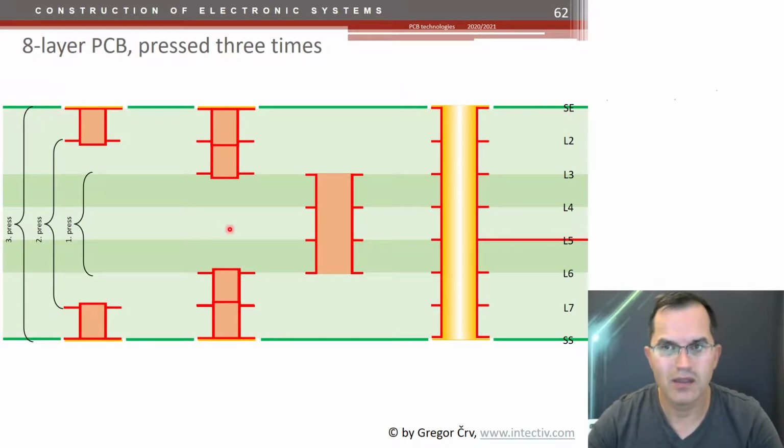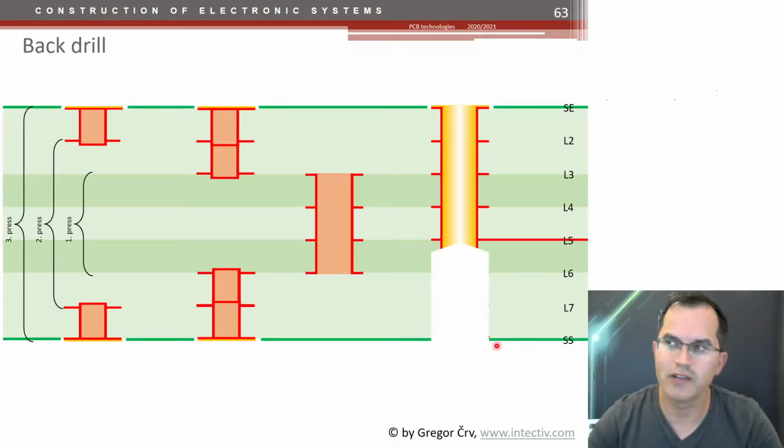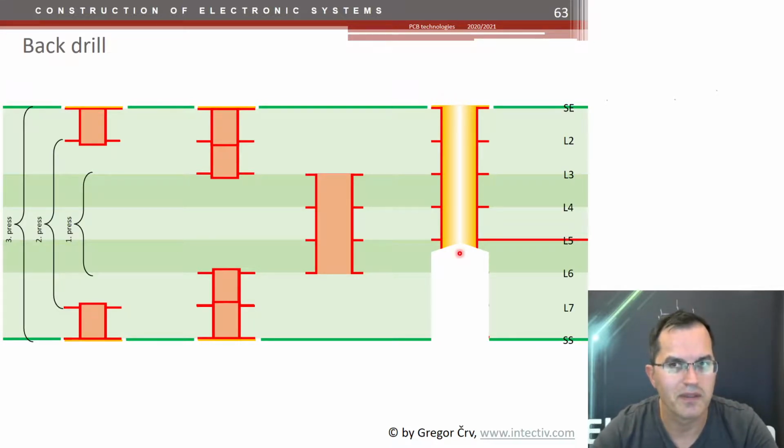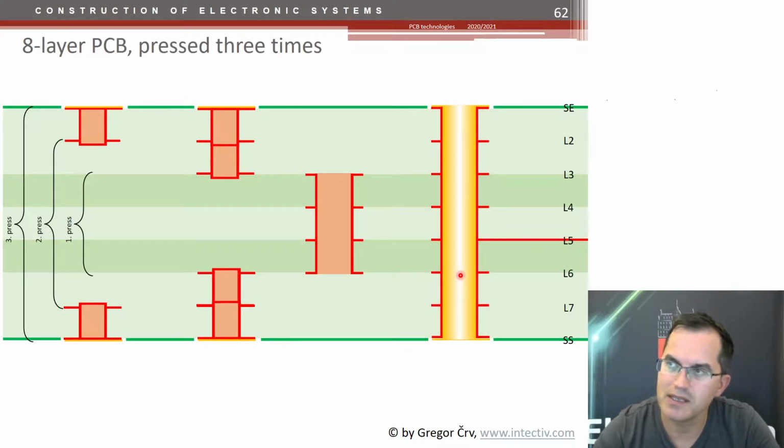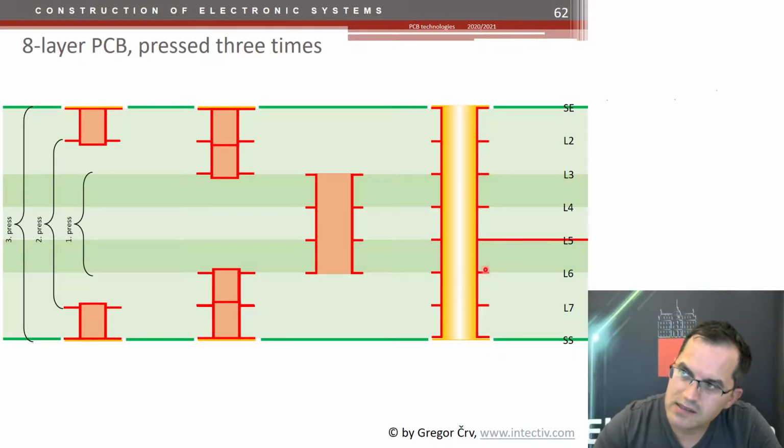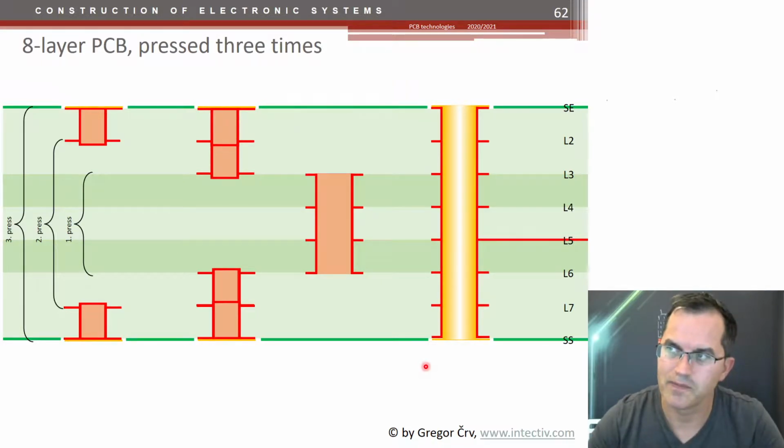Maybe you can do something else. Maybe you can just drill from the backside to this step and then make the connection at the end. This is the so-called back drill process. Sometimes in really high frequency PCBs, this back drill process removes the excess copper of this through-hole via for signal integrity problems.